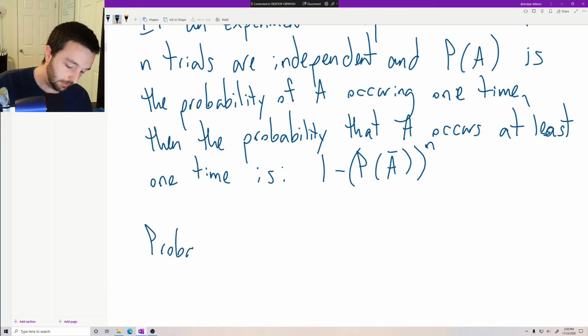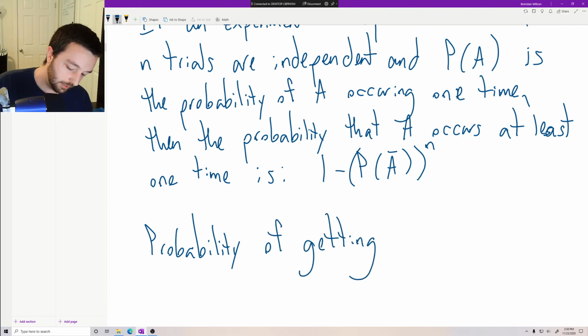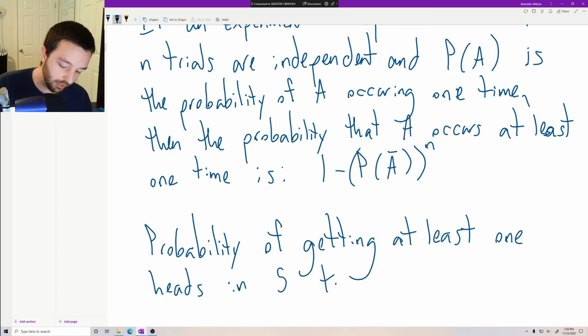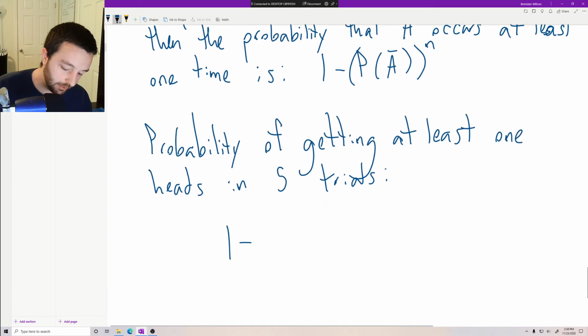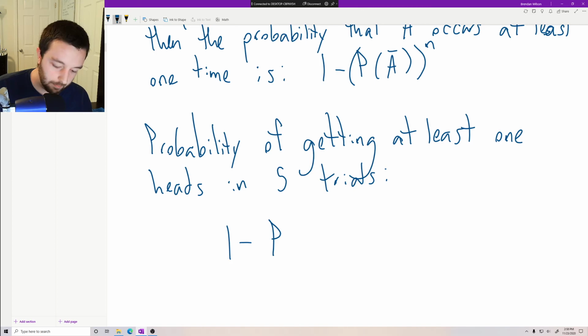So the probability of getting at least 1 heads in 5 trials. Well, according to the formula, this is going to be 1 minus the probability of getting a heads complement to the 5th power, because there's 5 trials.